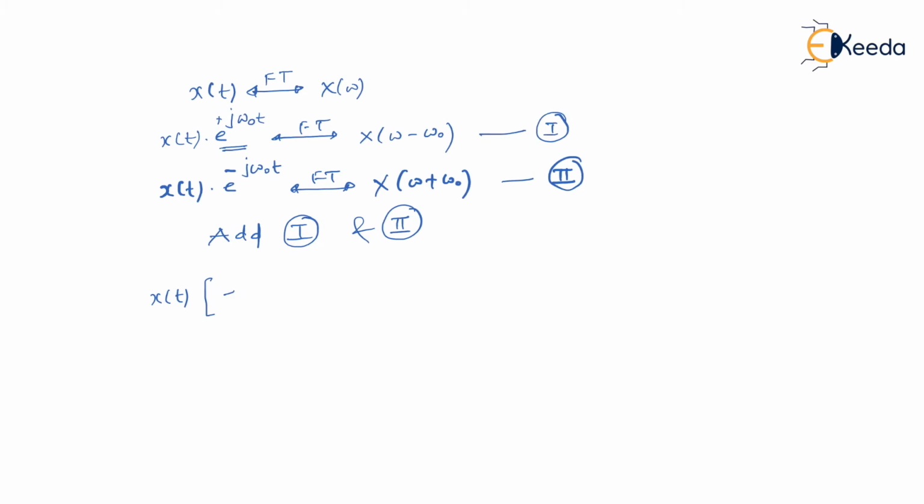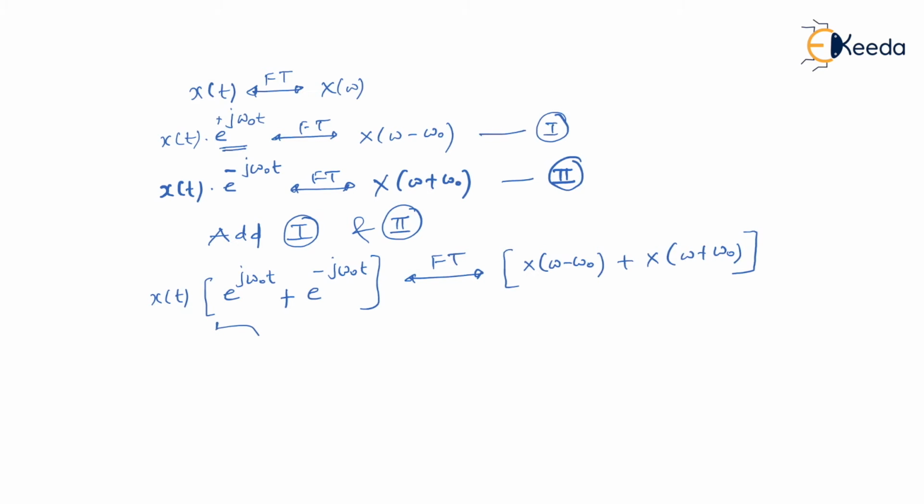In the bracket, I can write e to the power j omega naught t plus e to the power minus j omega naught t has a Fourier transform as, so here we are going to add right hand sides of equation 1 and equation 2. Rather, these are not equations but transformations. So we have X of omega minus omega naught plus X of omega plus omega naught.